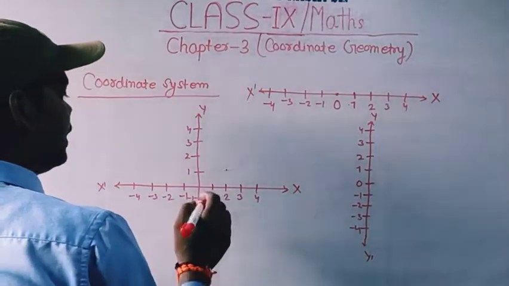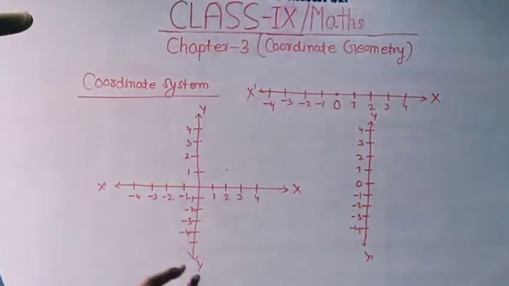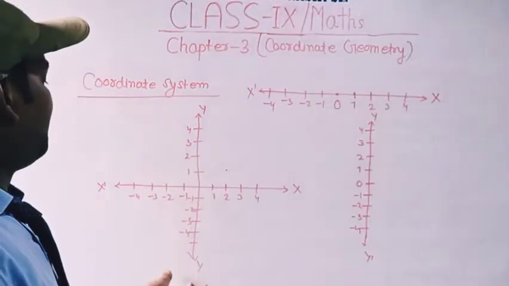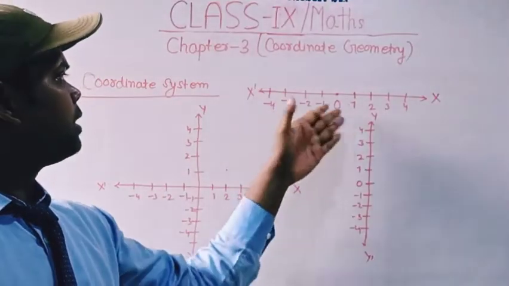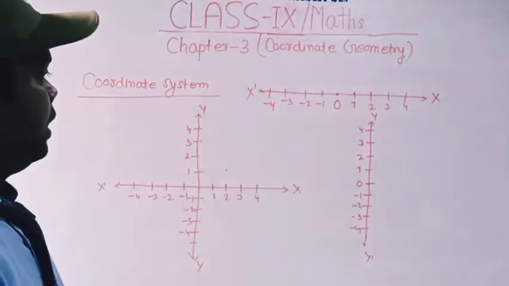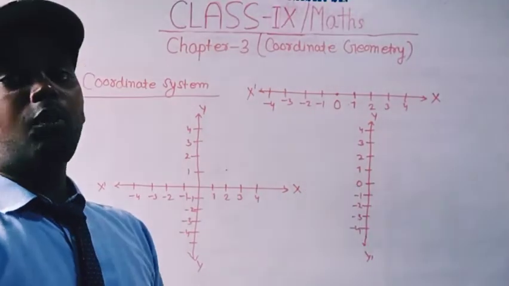So this is the figure obtained after combining these two lines, x dash and y dash, at point O.